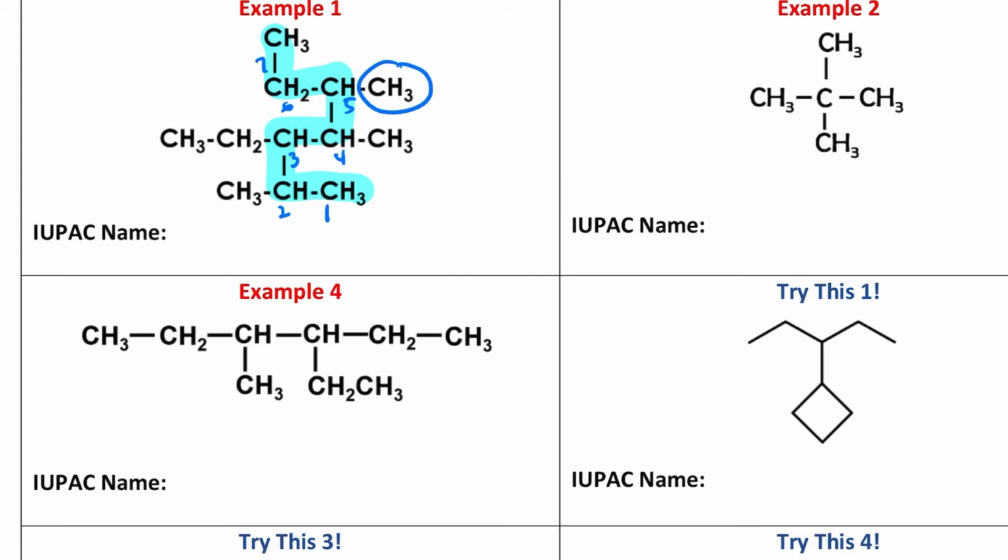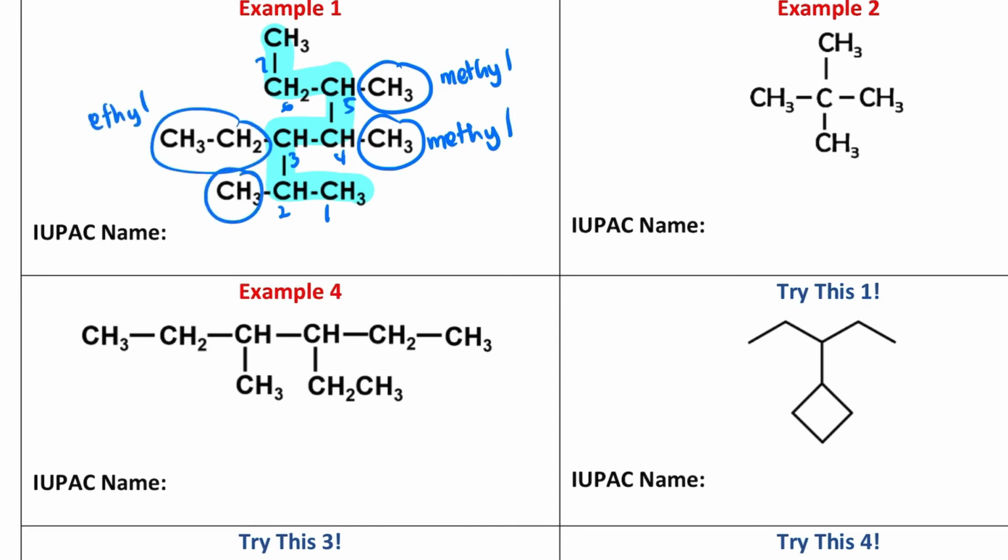Okay, so this substituent here since consists of 1 carbon only, so nama dia methyl. Kita dah discuss tadi. So ini pun sama, methyl. This one 2 carbon, so ethyl. Ini 1 carbon, methyl.